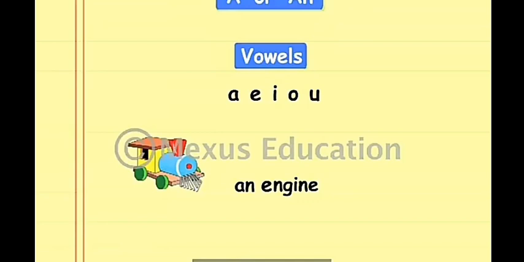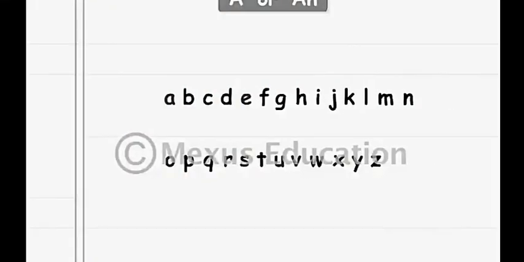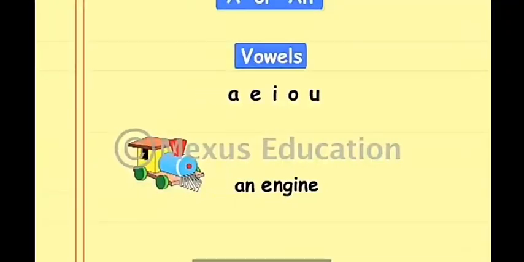Out of these 26 letters, the main 5 are vowels, the rest are consonants. So whenever the word or the spelling begins with these vowels having the sound of vowels, you will use an.